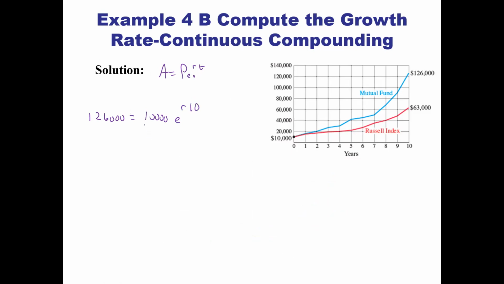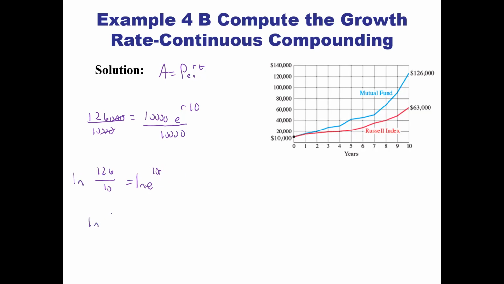Now again, we divide by 10,000. And so again, if we cancel those 3 zeros, we'll have 126 over 10 is equal to e to the r times 10, or 10r maybe we'll write instead. Now, how do we get rid of the e in a problem? Well, we have to take the ln of both sides.